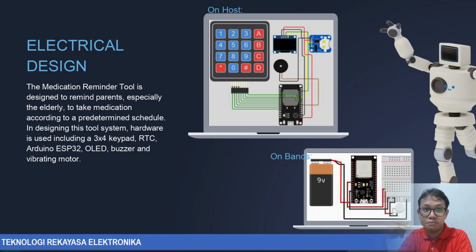After that, the ESP32 will send the data to the other ESP32, which will turn on the vibrating motor. So the elderly person will be reminded that it's time to take their meds. By the way, how do you turn off the alarm? You need to go close to the box and press the D button to turn off the alarm. Okay, that's what I can say. The next slide will be explained by my friends.